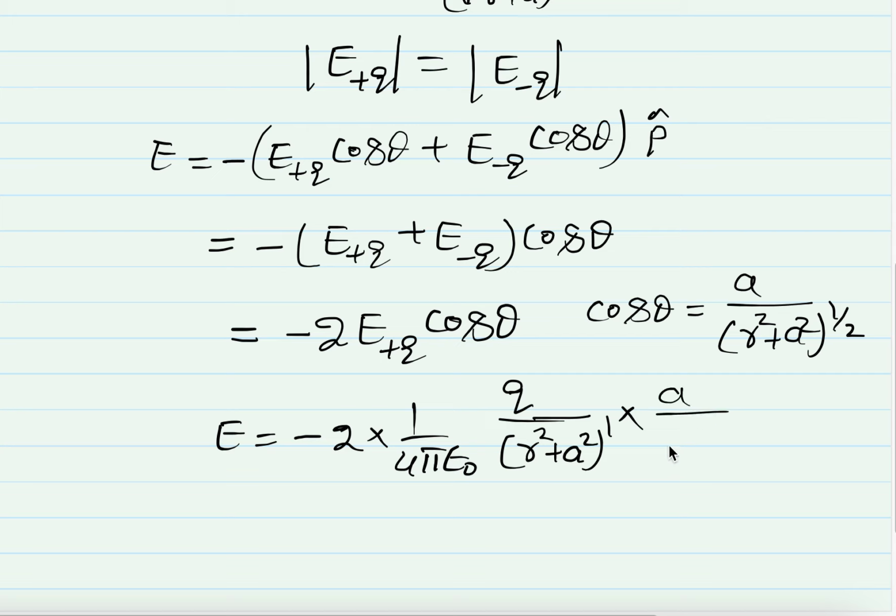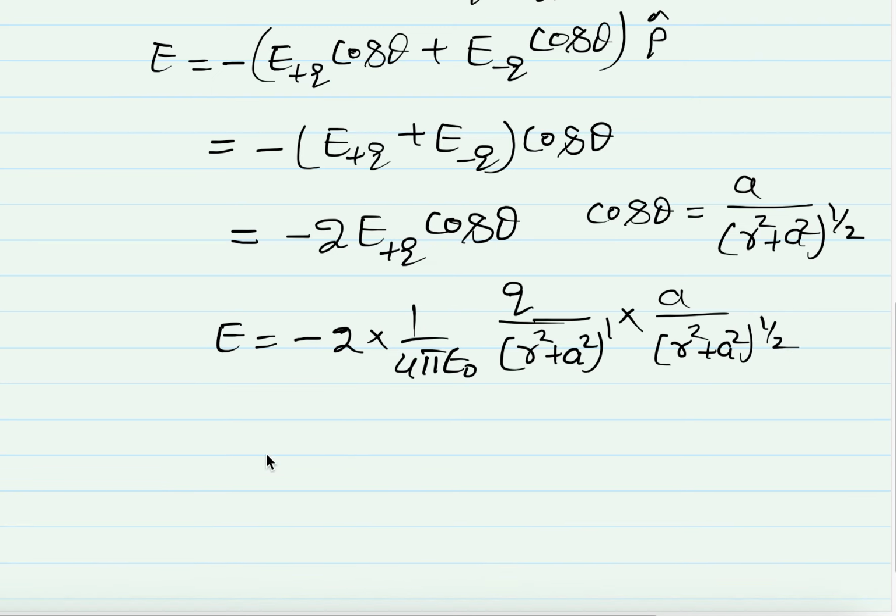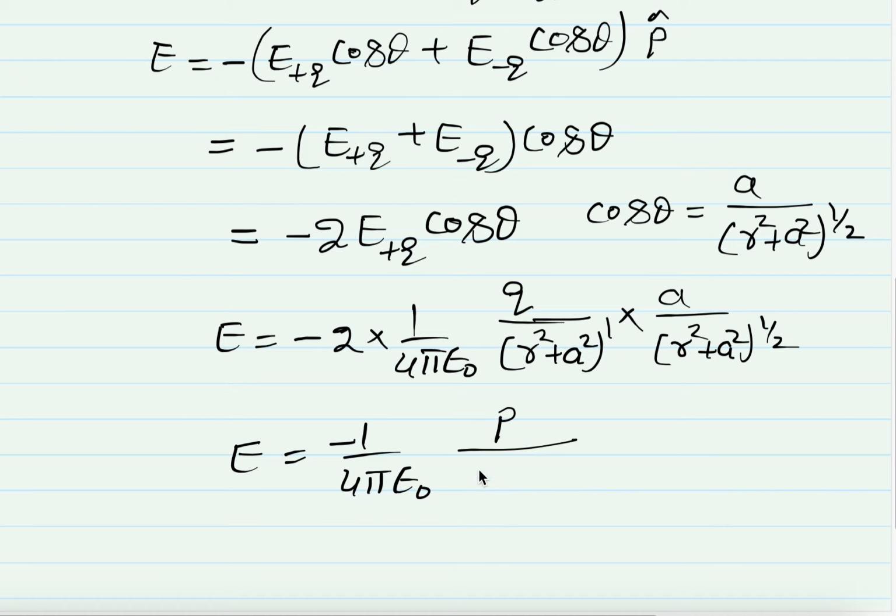Cos theta means a by r square plus a square whole power 1 by 2. If you simplify this, minus 1 by 4 pi epsilon naught, 2a into q is nothing but p, by, since the bases are common the powers will add up, r square plus a square whole power 3 by 2.